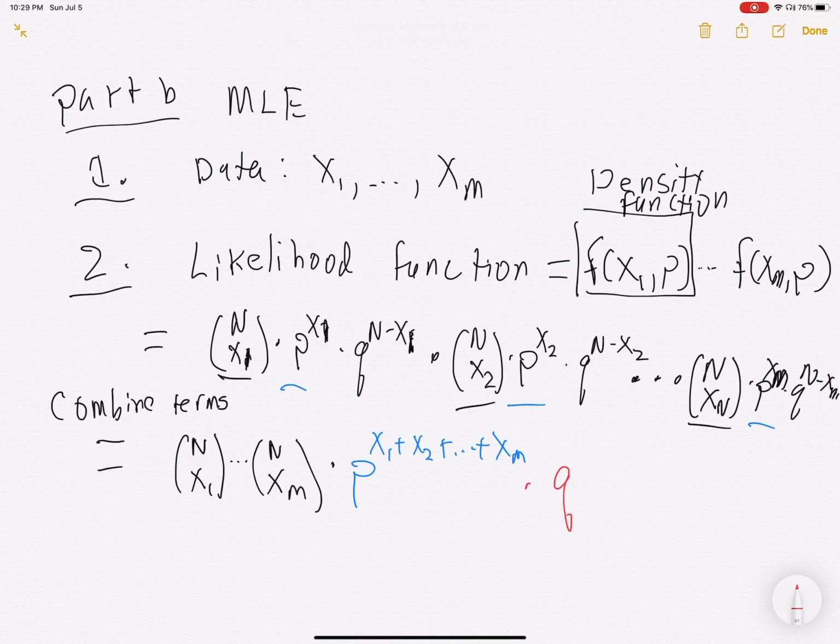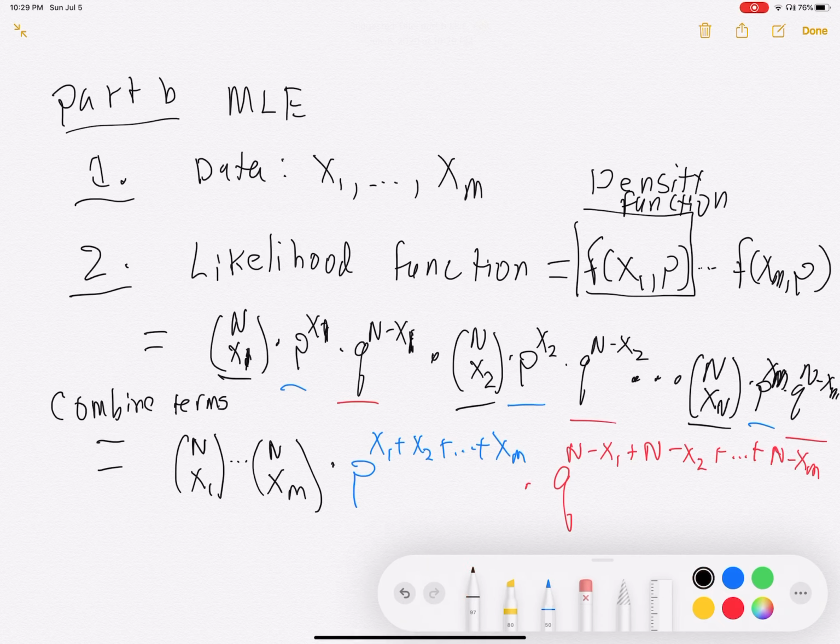We'll have m of those, and we'll have n minus x sub 1 plus n minus x sub 2 plus so on plus n minus x sub m. And then we'll just simplify these terms.